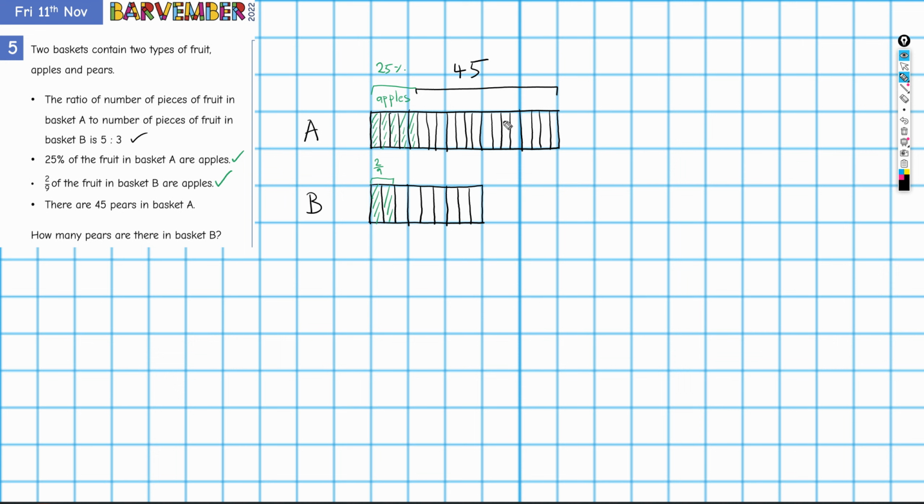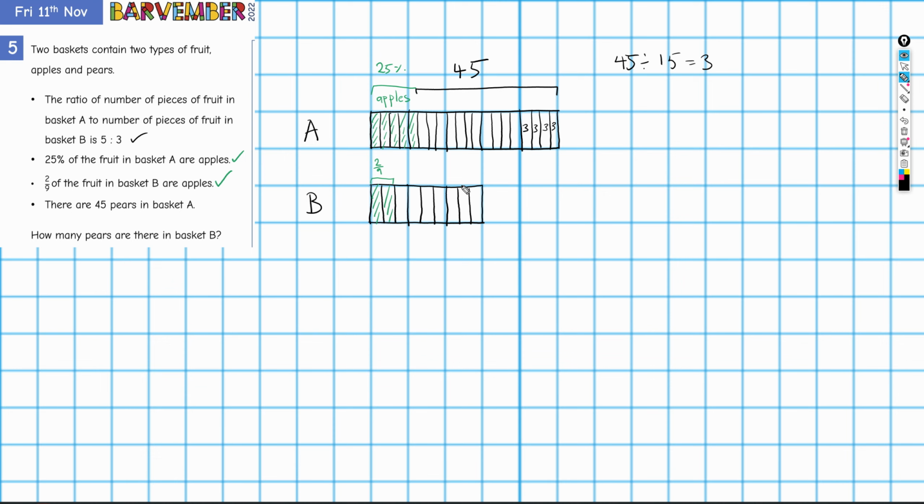So this is 4, 8, 12, 13, 14, 15. So if we divide 45 by 15, we get 3. So we now know that each of these parts has a value of 3, 3, 3, and so on and so on.